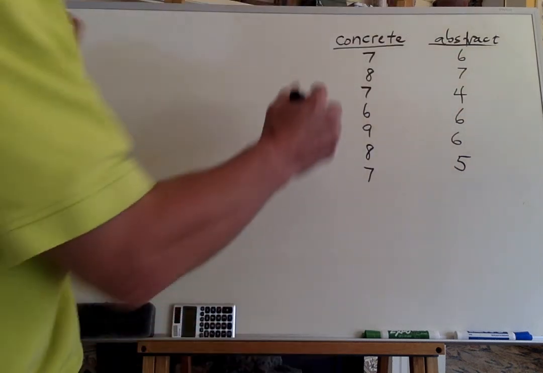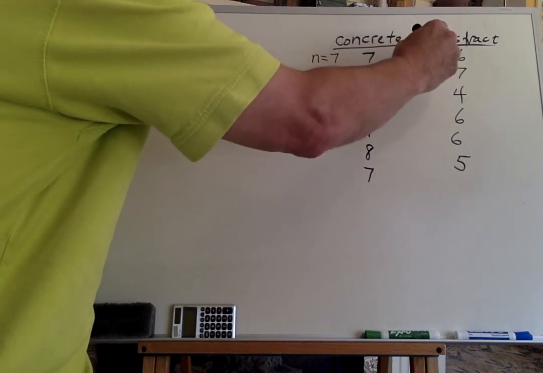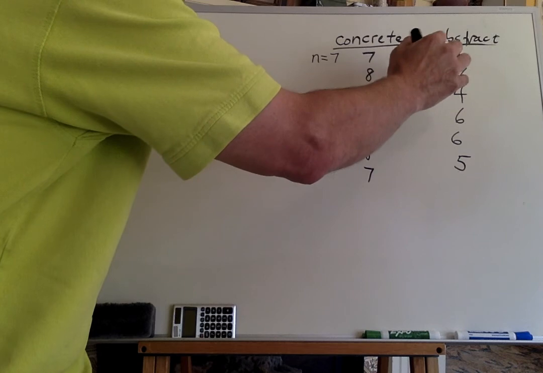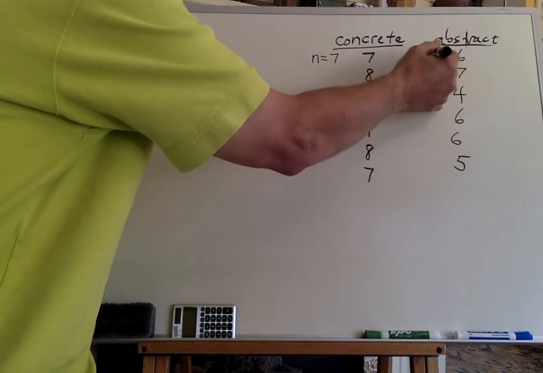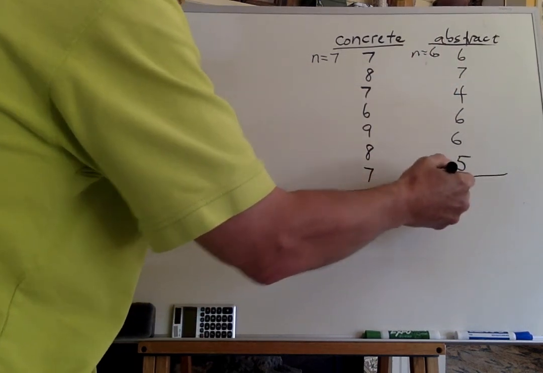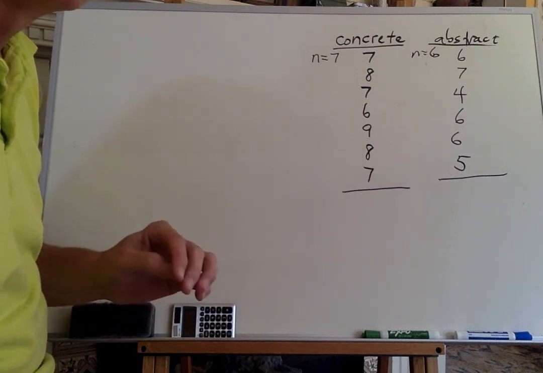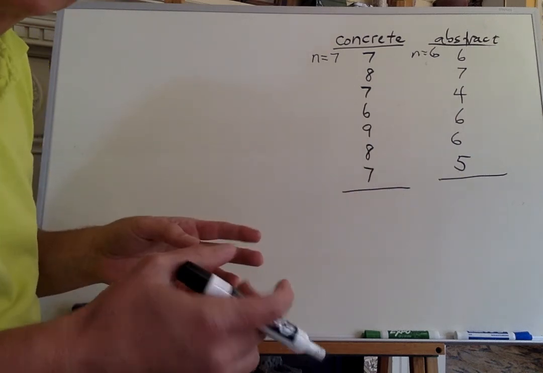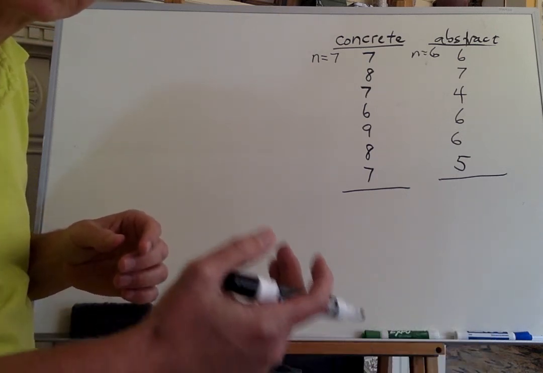Okay? So we have n equals 7 here, n equals 6 here. This is the number of people in the group. Okay? And what we're going to do is we're going to see if there is a difference between the averages for the two groups. Or another way to think about that is we're going to look at the average difference between the two groups. Okay?